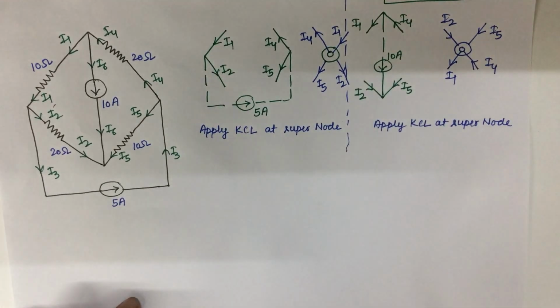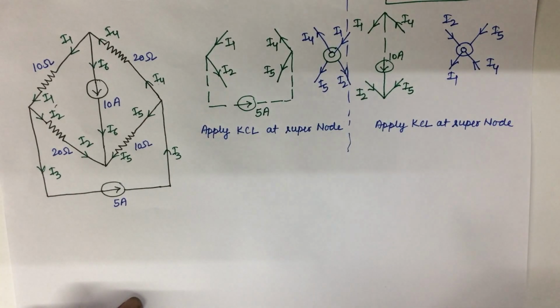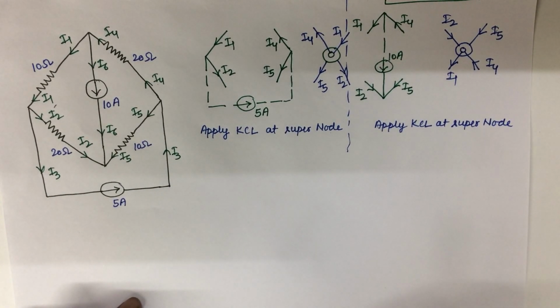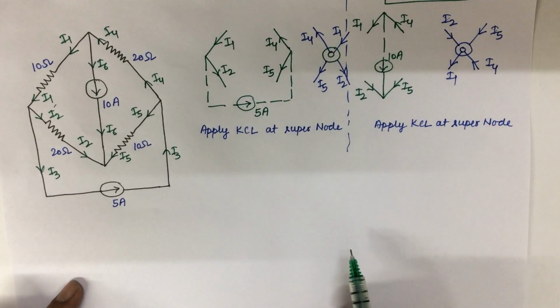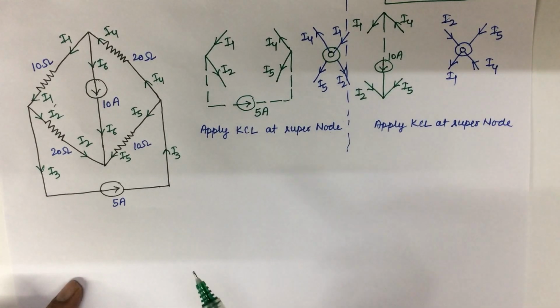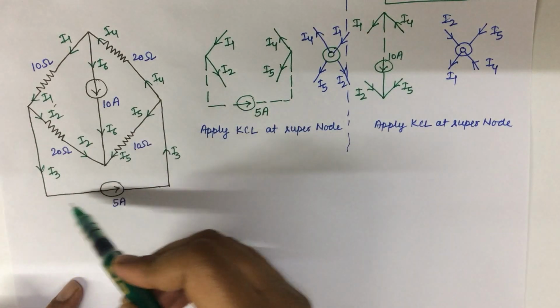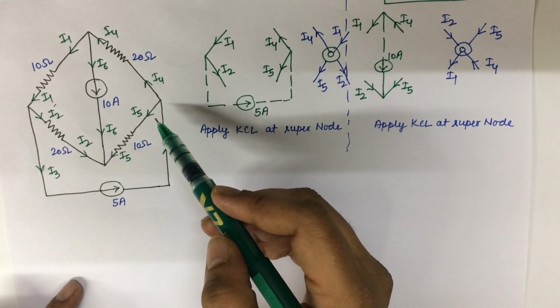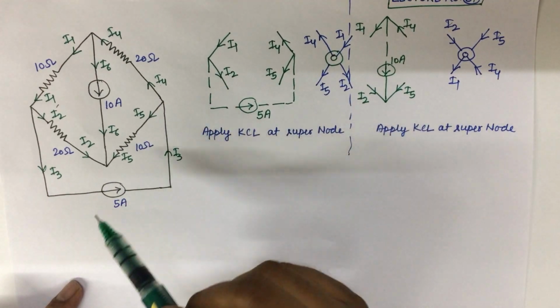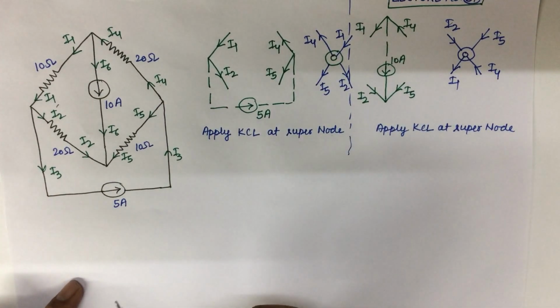To solve this question I use both methods, KVL and KCL, simultaneously. First of all, as per nodal analysis, there is a branch in which resistance is not present, so we use a super node.